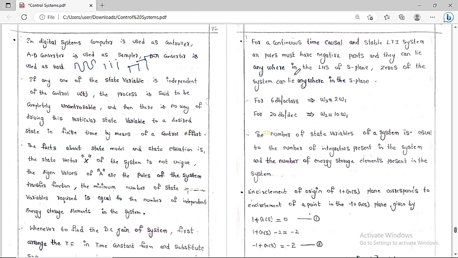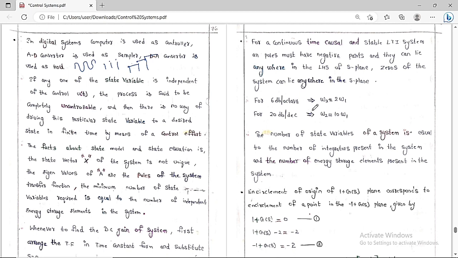So finally I can say, for continuous time causal as well as stable LTI systems, all poles can lie only in the LHS of the S plane, whereas the zeros can lie anywhere in the S plane.